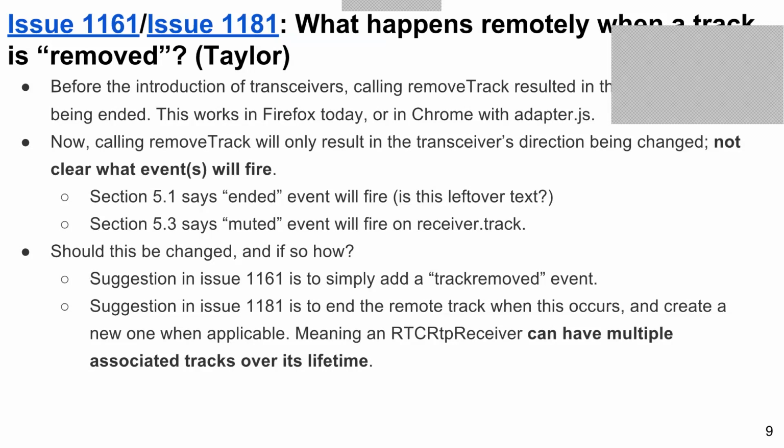And later, if that direction resumes so you start receiving again, a new track event would fire that would have either the same track ID or a different track ID, up to decision. In that case, it would preserve the idea that this was a new track, and that the receiver track attribute would be nullable and be null in that interim.